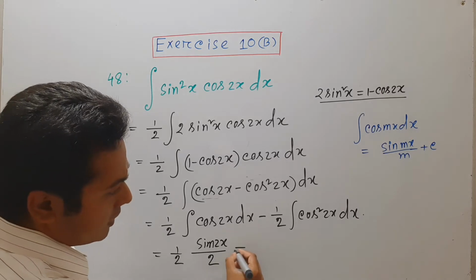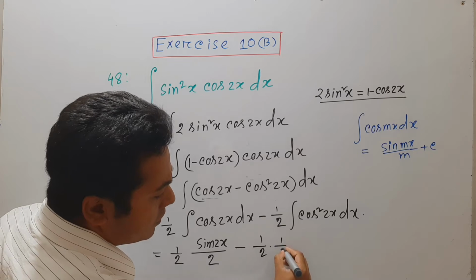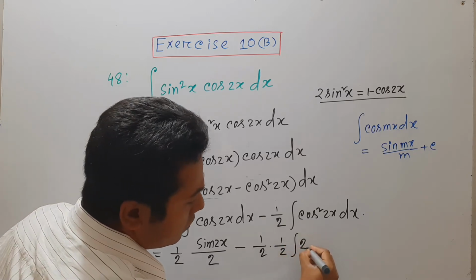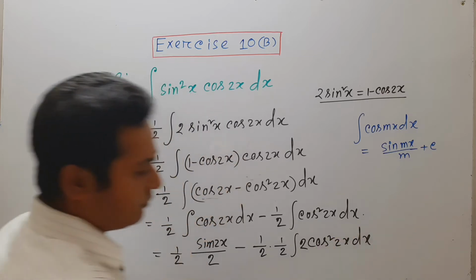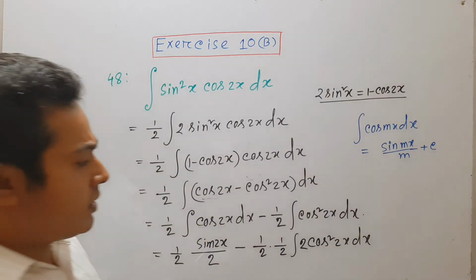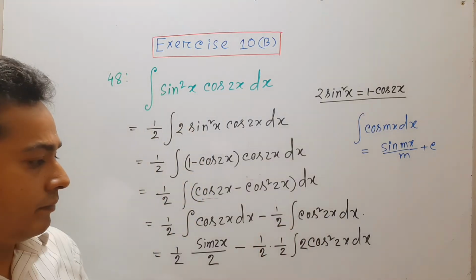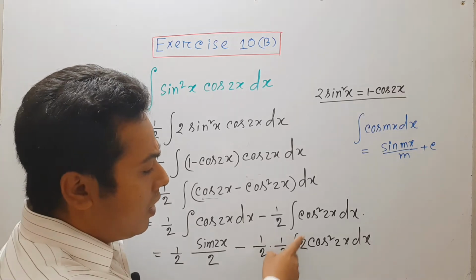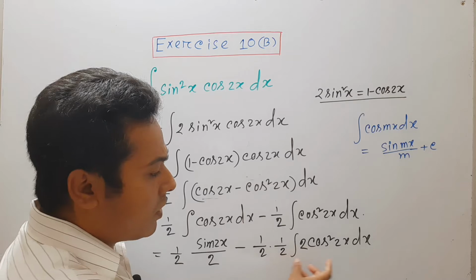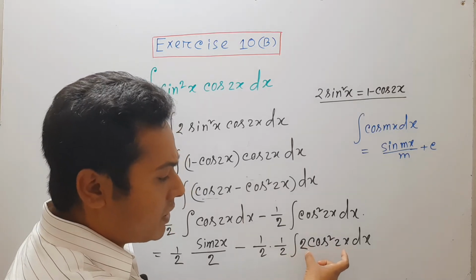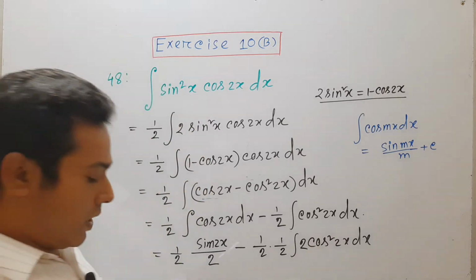Okay, minus half into 2 cos square 2x dx. Dear students, this is cos square 2x, and multiply by 2 and divide by 2, because we want to use the trigonometric formula 2 cos square x is equal to 1 plus cos 2x.